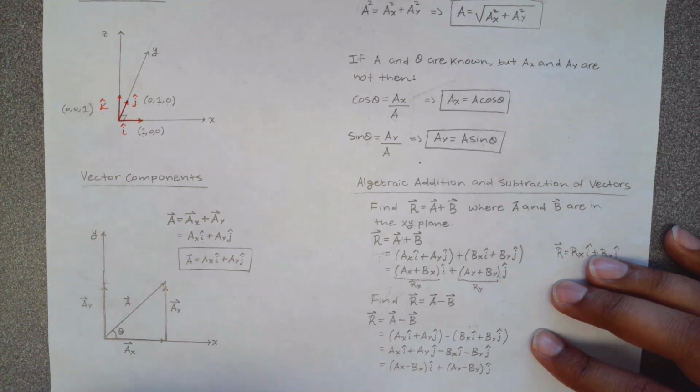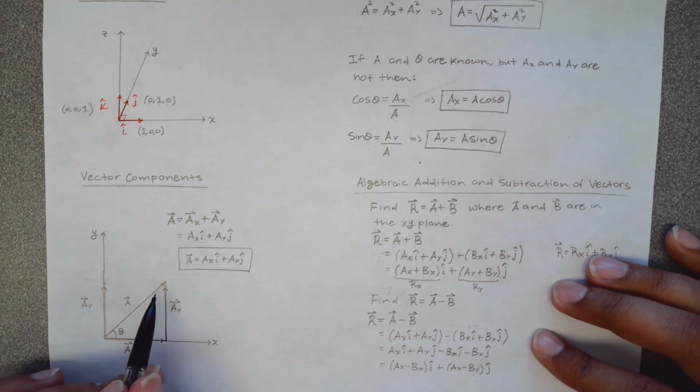The projection along the x direction we call the vector ax, and the projection along the y direction we call the vector ay. Together, ax plus ay give me this vector A.